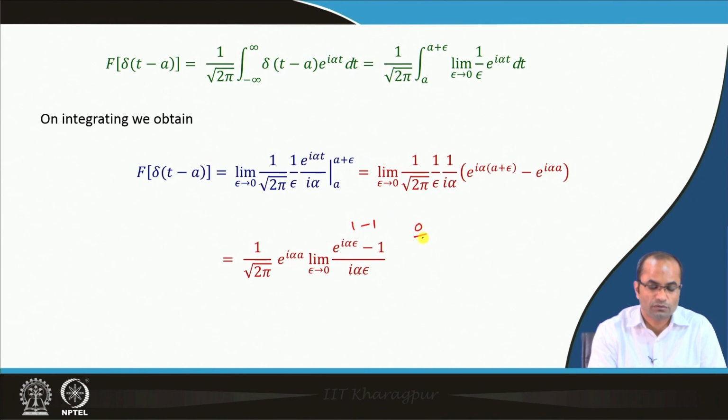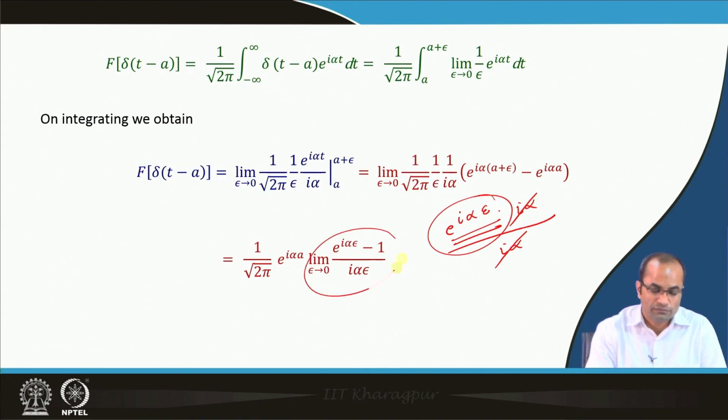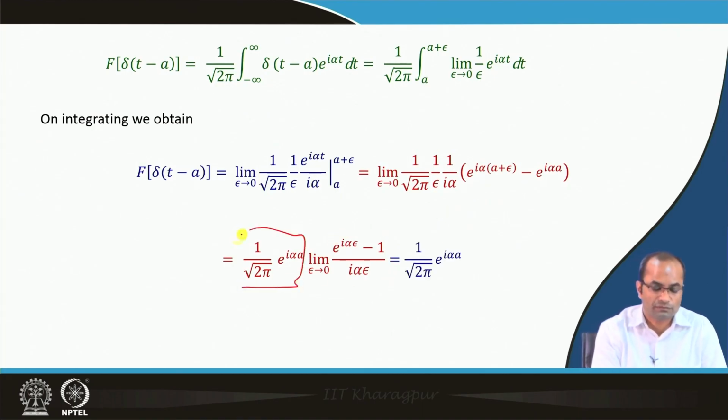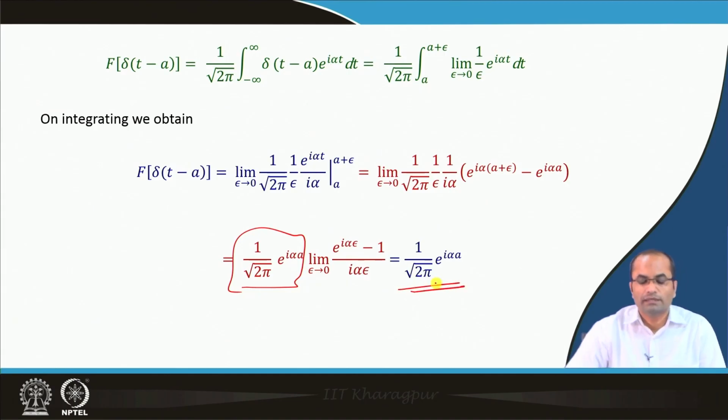So, we have this 0 over 0 form, where the L'Hopital rule we can apply, and once we apply this L'Hopital rule, e power I alpha epsilon, and then we will get this I alpha, and in the denominator we will have I alpha. So, this will get cancelled, and then limit epsilon goes to 0, this will go to 1. So, this limit will be simply 1, and we have this answer 1 over square root 2 pi e power I alpha a.